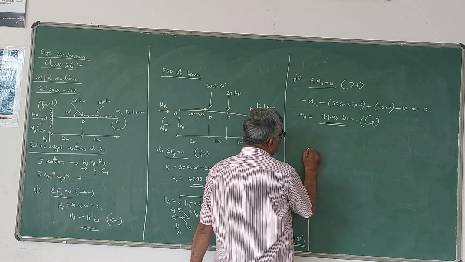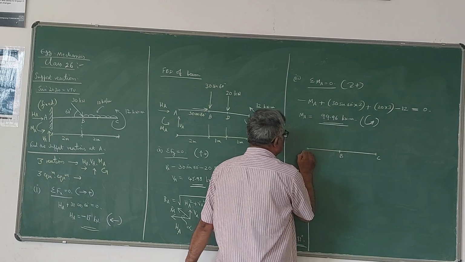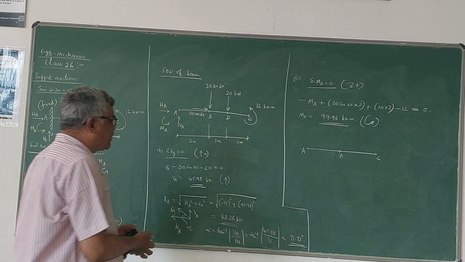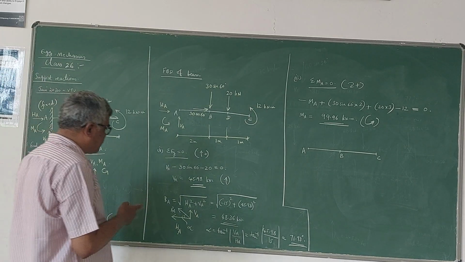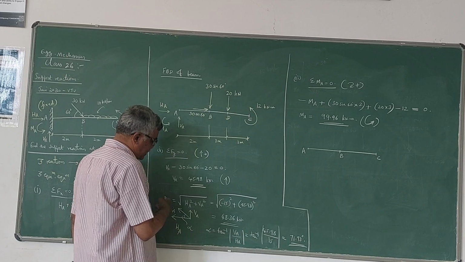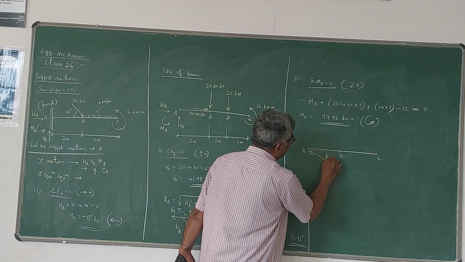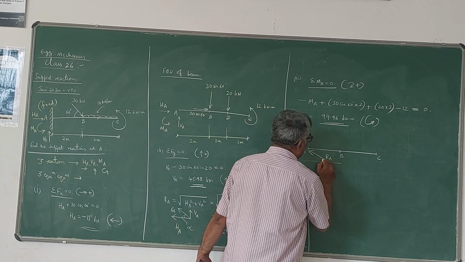Now, if you want to show that in a diagram, at A you have two reactions, one horizontal and one vertical, that can be replaced by a reaction like this RA. So direction is in second quadrant, because HA is negative, VA is positive, and this is your alpha.